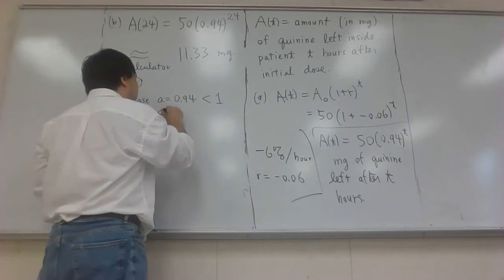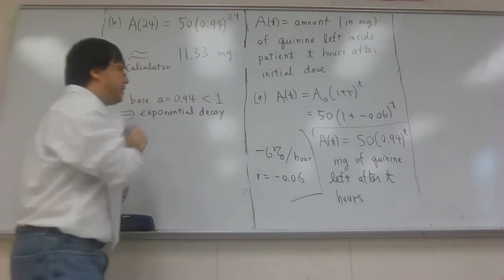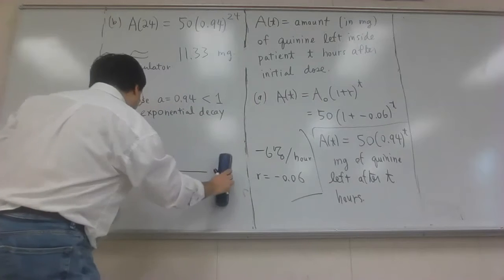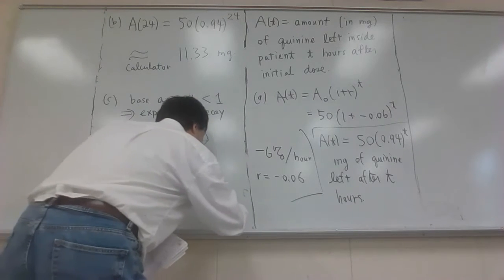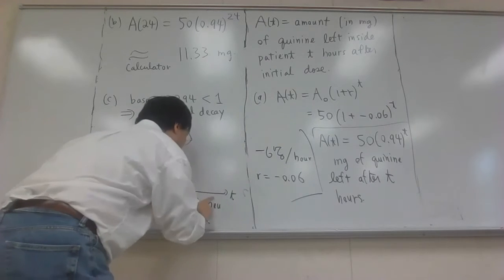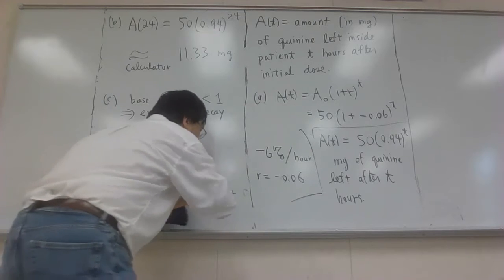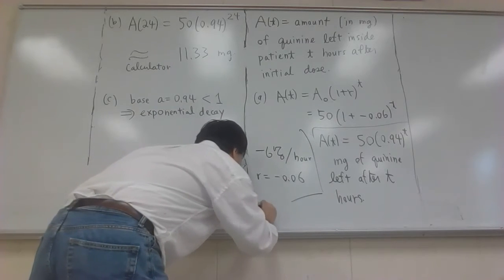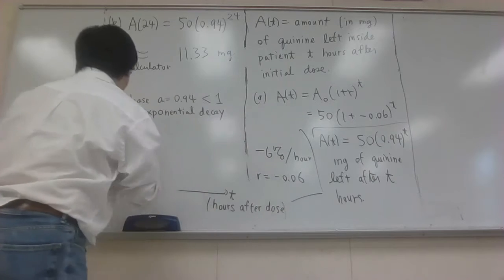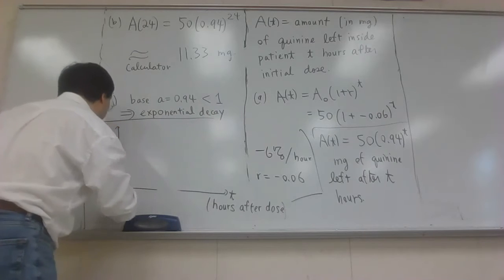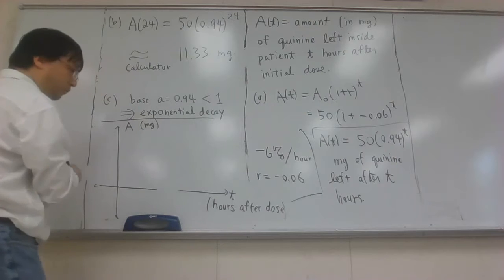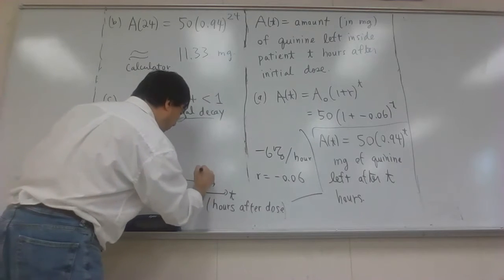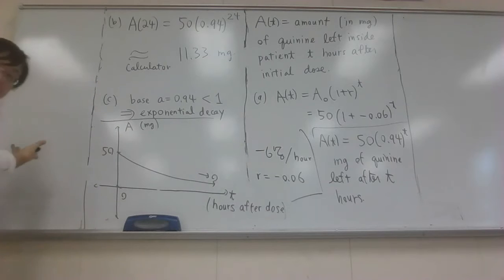So then the graph should look like this. Since it's exponential decay, the graph should look like this.